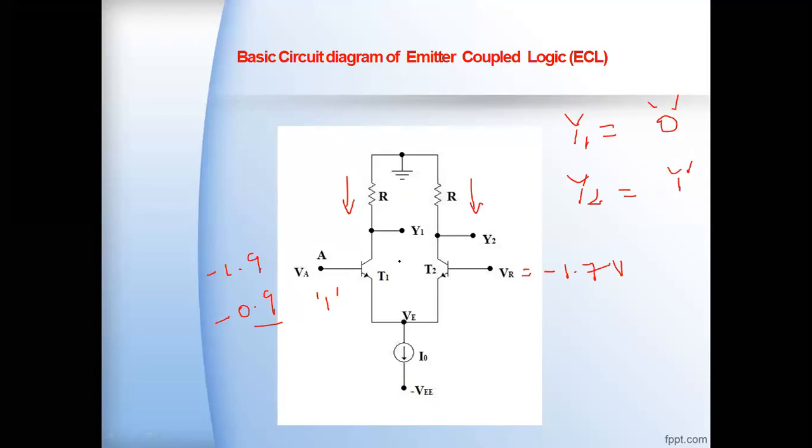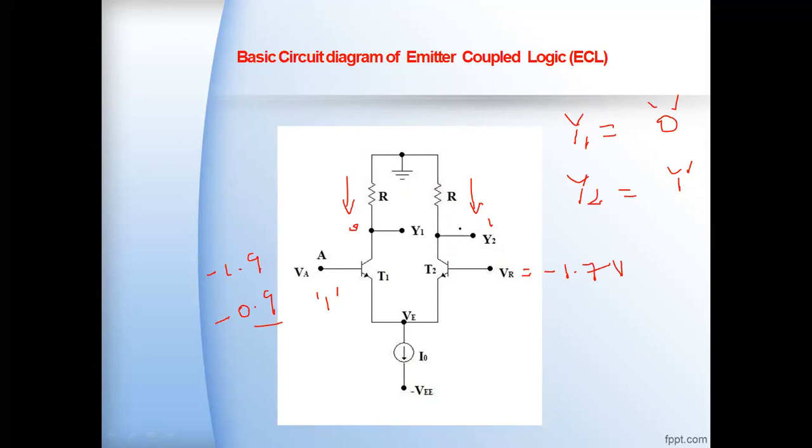How am I saying that it is the logic 0 and it is the logic 1? Because of the more current flowing in the T1 transistor, the voltage drop across the collector resistor is more. And since it is the negative voltage, it will be viewed as the logic 0. On the other hand, the smaller current is flowing in the collector network of the transistor Q2. Therefore, a low voltage will be across the transistor Q2 collector network.